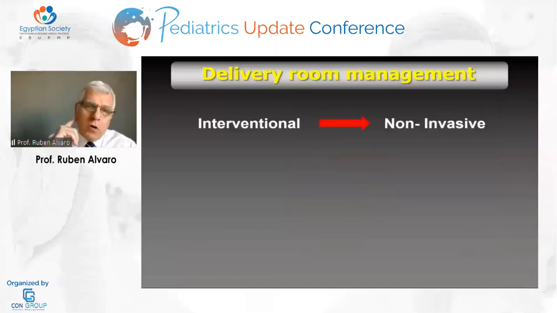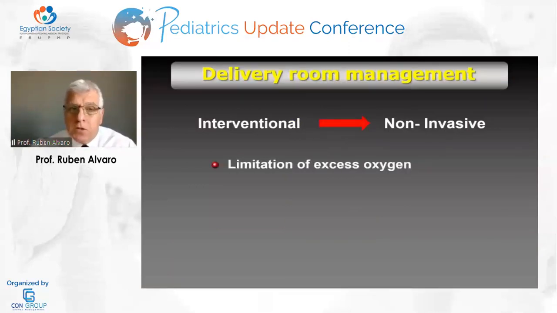So how do we move from this interventional to non-invasive approach in the delivery room? One of the first things we need to do is be sure that we limit the excess of oxygen. Just adjust the oxygen according to the pre-ductal saturation information we get from the patient.